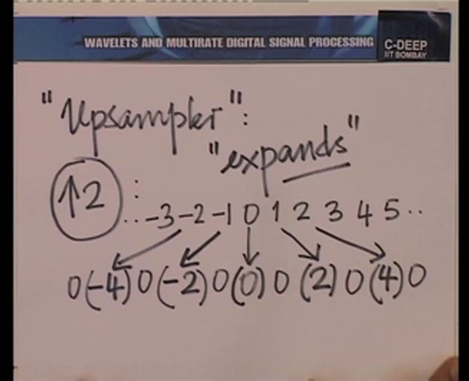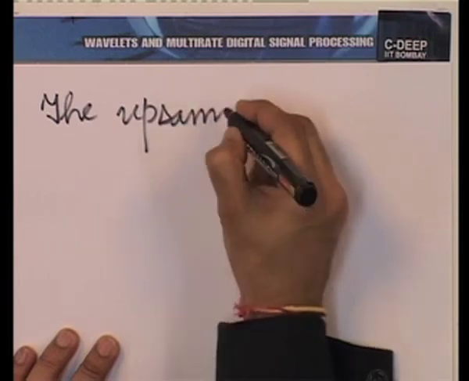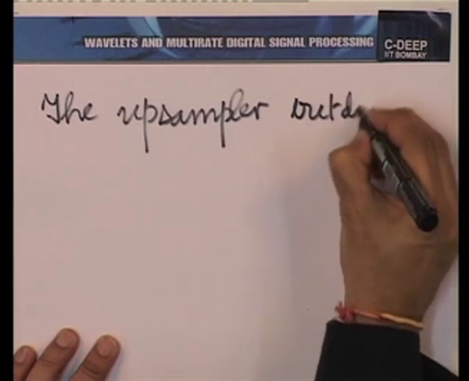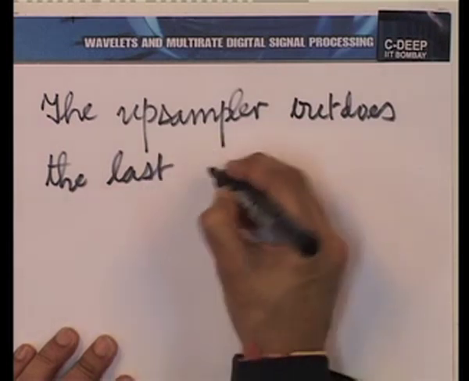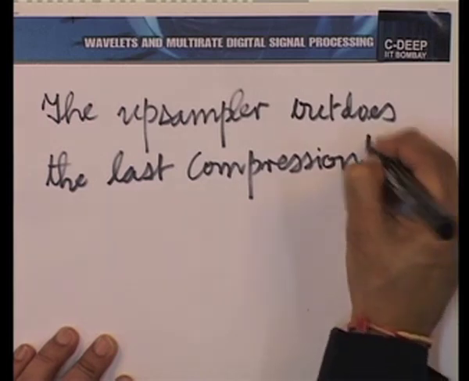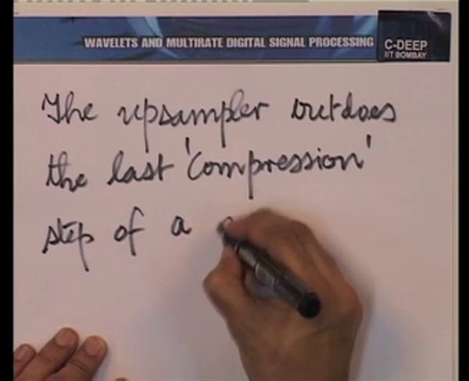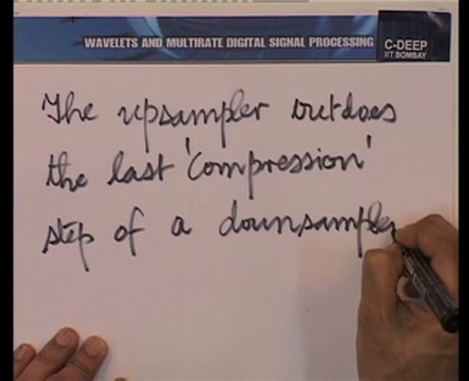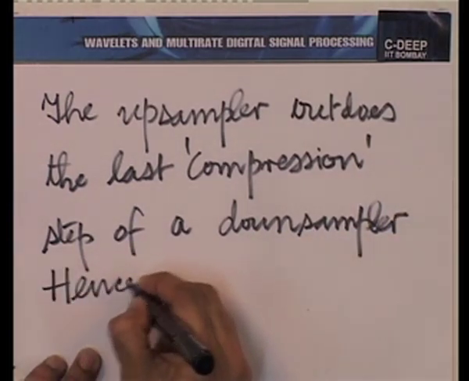The upsampler outdoes the last compression step of a downsampler. Hence, it is also called an expander.